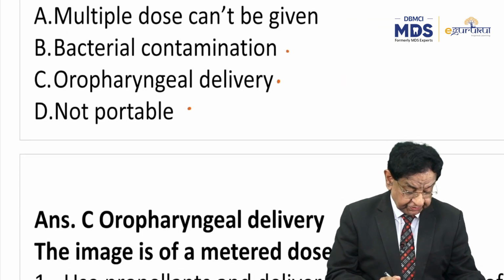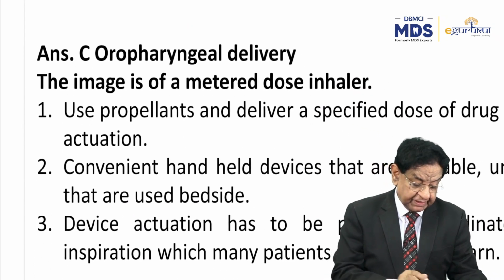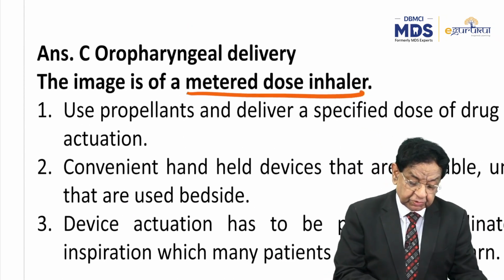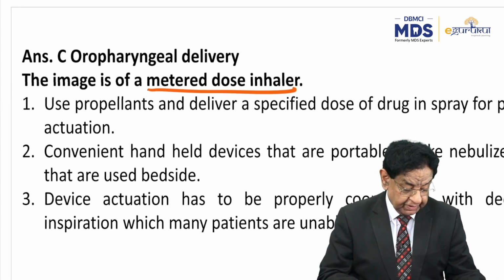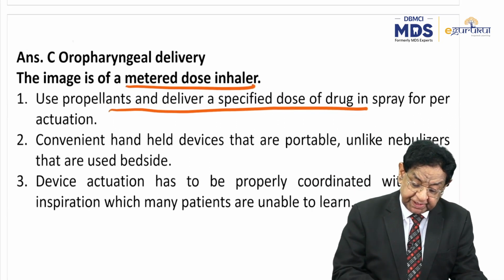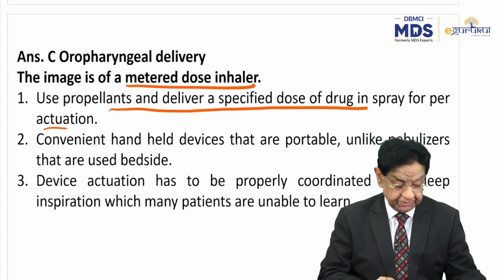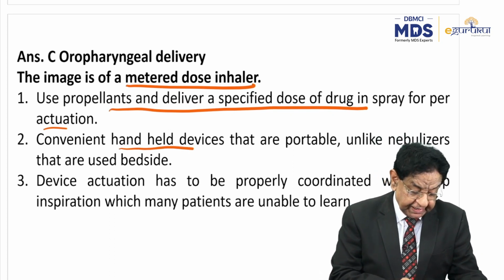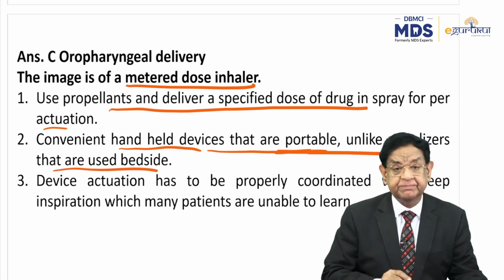Well, the right answer of this question is C, oropharyngeal delivery. This is a metered dose inhaler. They use propellant and deliver a specified dose of drug in a spray per actuation. Convenient handheld devices that are portable, unlike nebulizers that are used bedside.